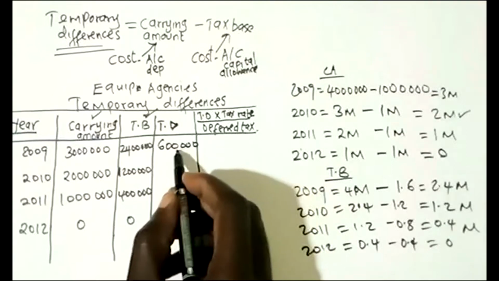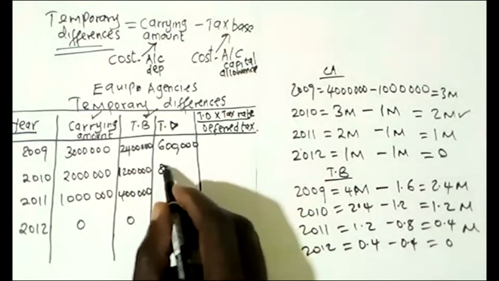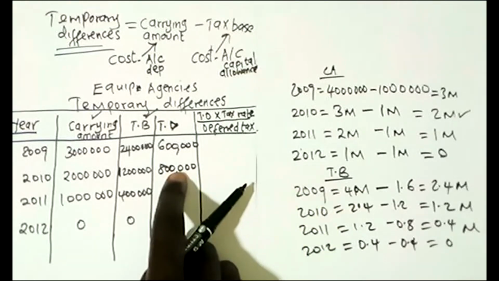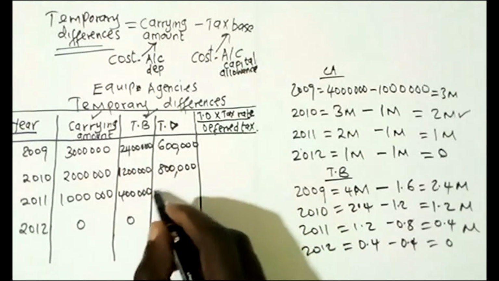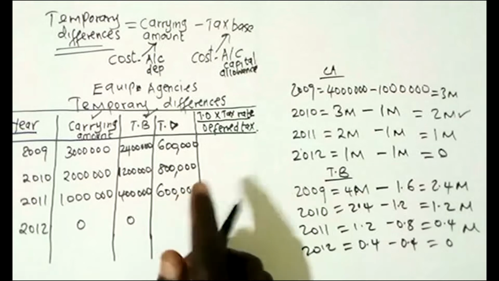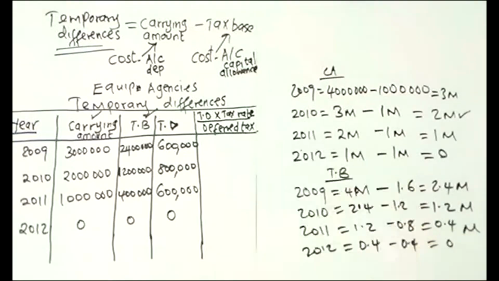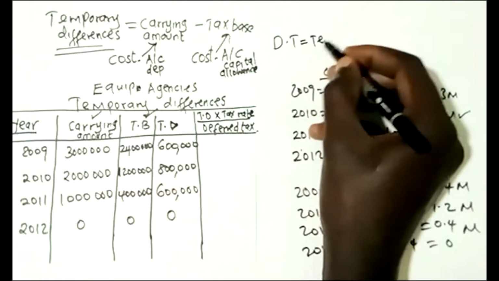This is a taxable temporary difference, because carrying amount is greater than tax base. This one is 800,000, a taxable temporary difference again. The last one is 600,000, taxable temporary difference, then 0. If you take your temporary difference, obviously we know that deferred tax is equal to the temporary difference times the tax rate.